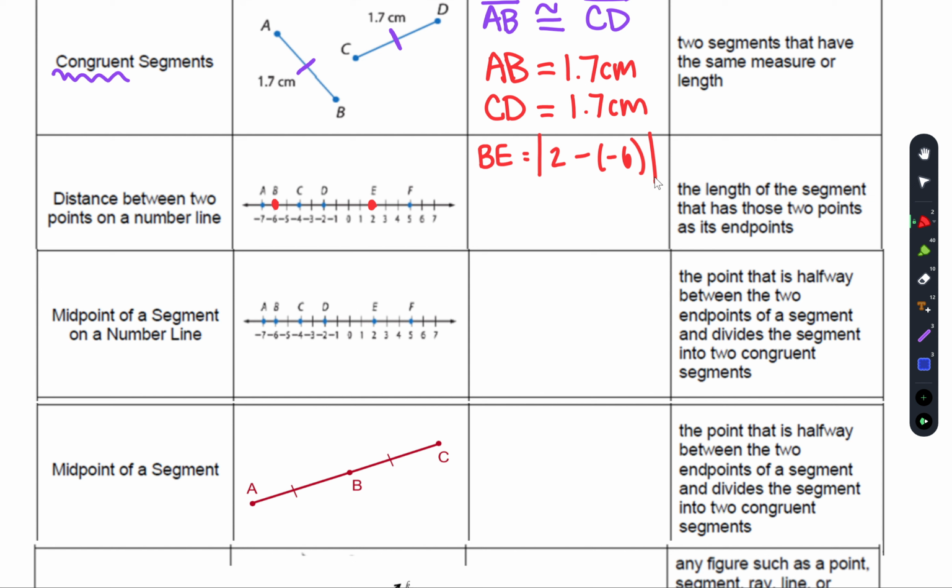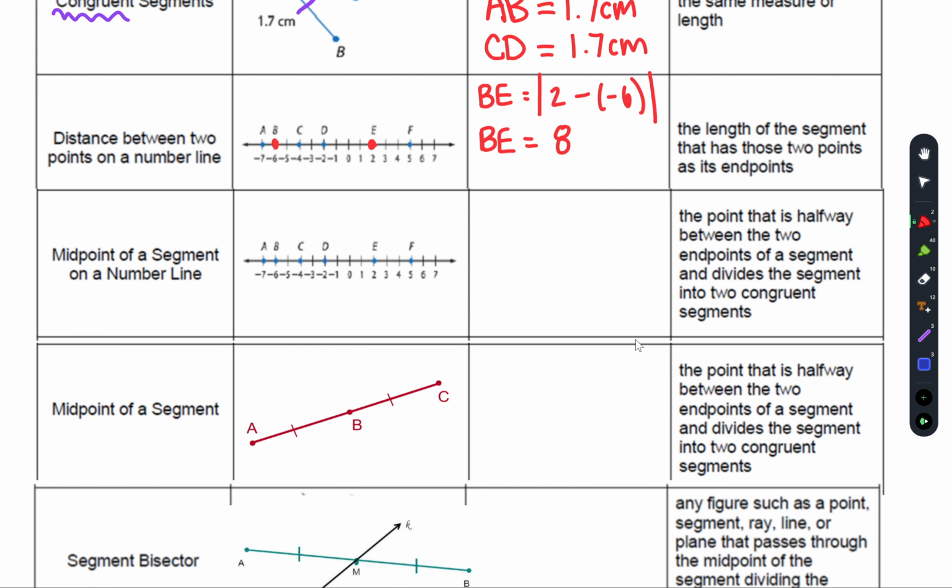Right? That's how we figure out the distance. We take the one on the right, we subtract the one on the left. So the length of BE, or the distance between points B and E, would be 8. Again, notice because I'm talking about a length, I don't put that line on the top of my segment. Any questions there?